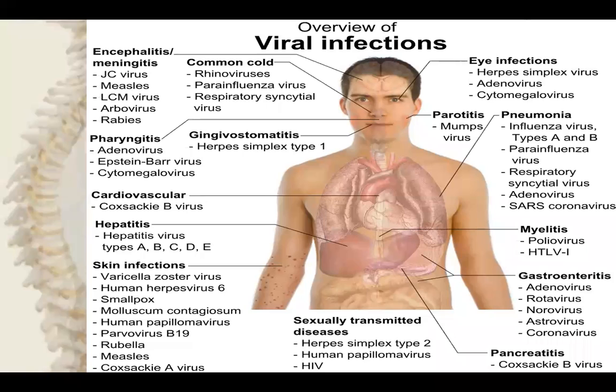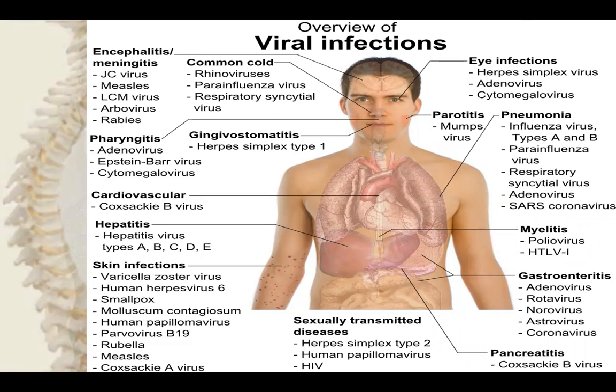For pneumonia, you can see influenza virus types A and B, parainfluenza virus, respiratory syncytial virus, adenoviruses, SARS coronavirus. Then myelitis: here there is poliovirus, HTLV-1.